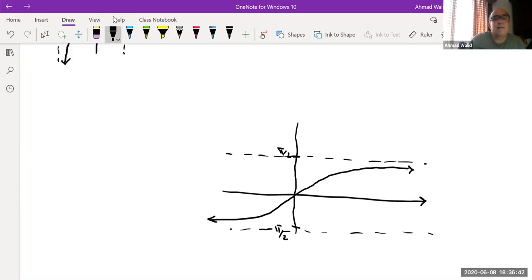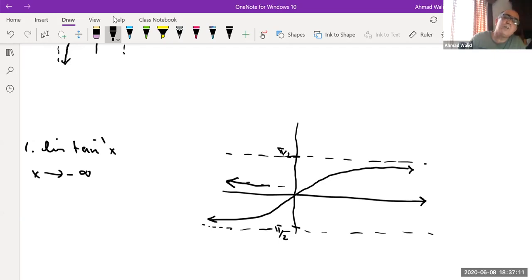Now, number 1: the limit of inverse tan x as x approaches negative infinity. When x approaches negative infinity, where does the graph go? When you go this way, your graph goes down, down, down, close to the vertical asymptote here, which is what?